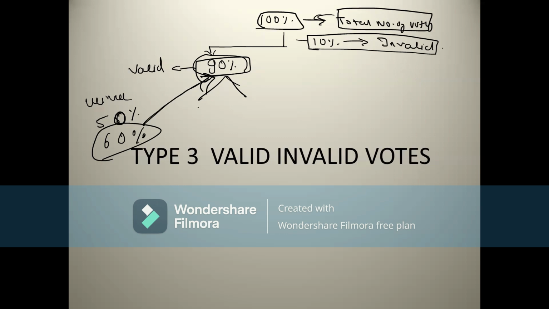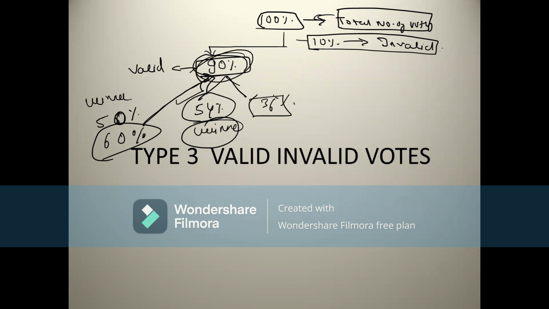So it will be 54%, which the winner will get, and the person who loses will get 90 minus 54, so it will be 36%. The winner gets 60% of the valid votes, and the loser gets the remaining valid votes. Are you getting the point?